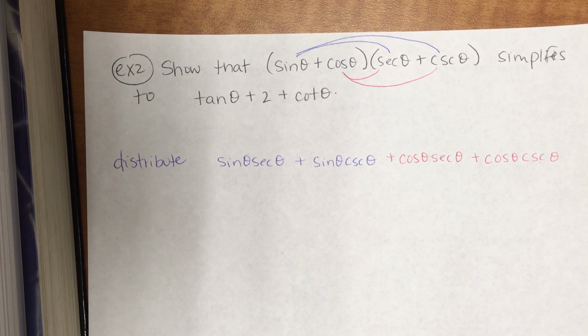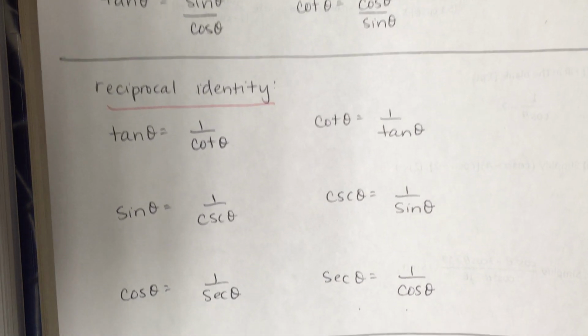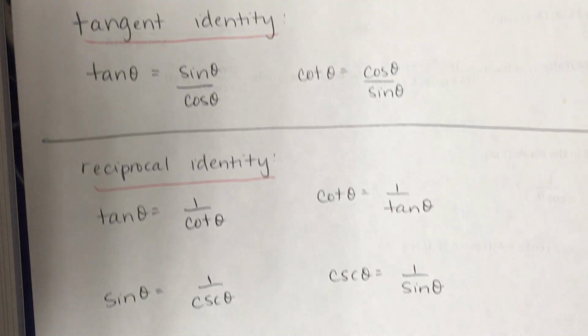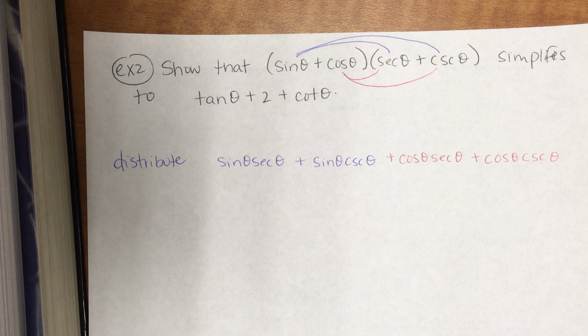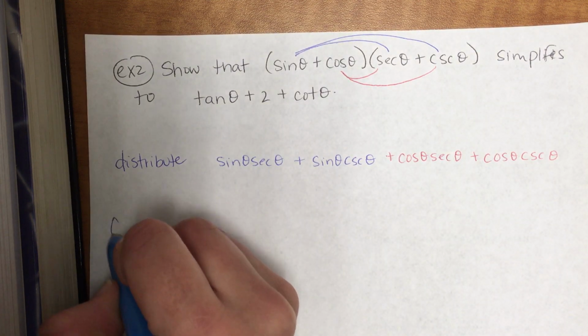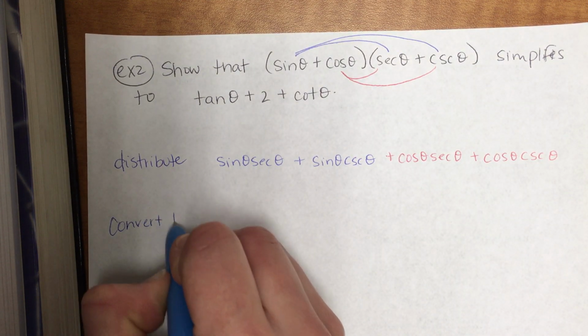Because right now we have a sine, a secant, a cosecant, a cosine, and we're supposed to end up with tangent and cotangent. So if we convert everything to sines and cosines, maybe something will simplify. And if not, maybe we'll recognize one of these identities, because all of these identities are written in terms of sine and cosine. So let's convert to sines and cosines.